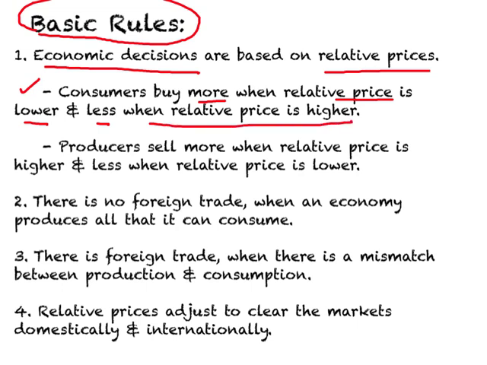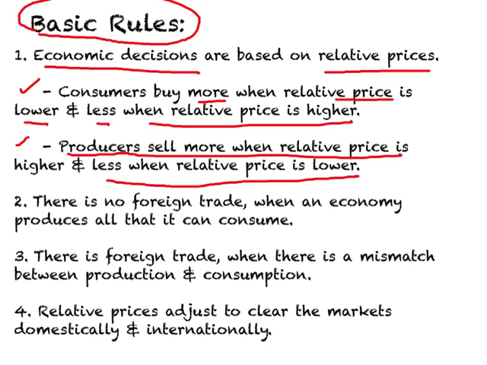And this has to be compared to the producer's behavior or the business's behavior. Producers sell more when they receive a higher relative price, and they will sell less when they receive a lower relative price. So this is how economic agents behave.